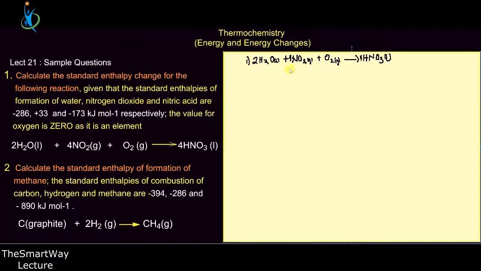The moles are 4 and 4 respectively. So we are going to consider that.